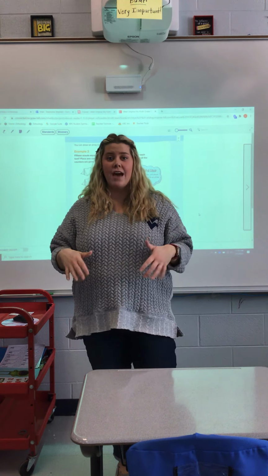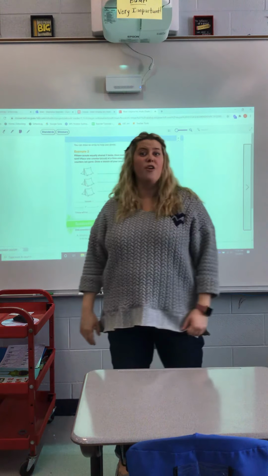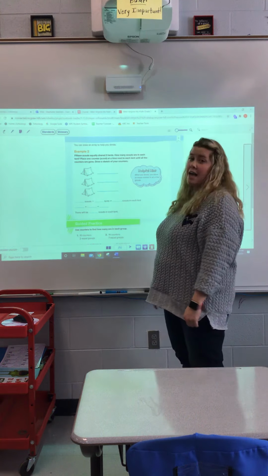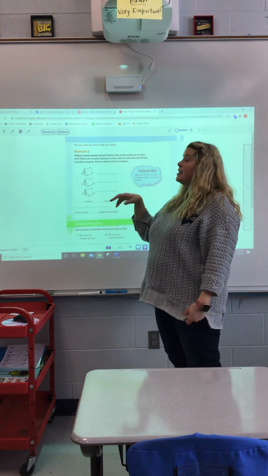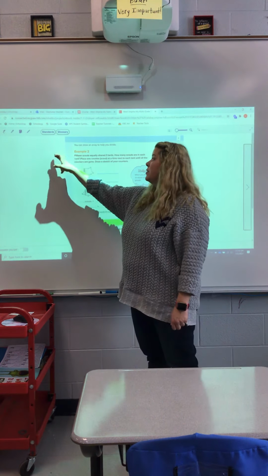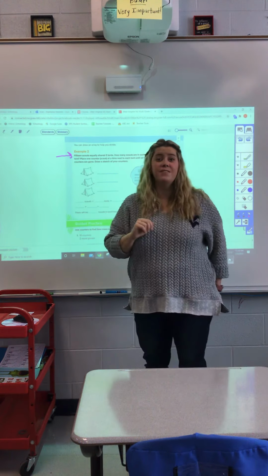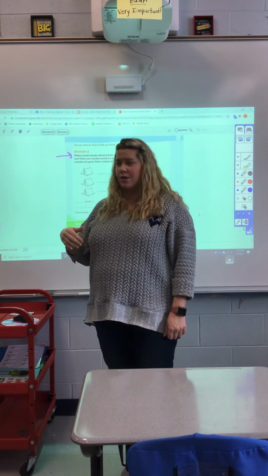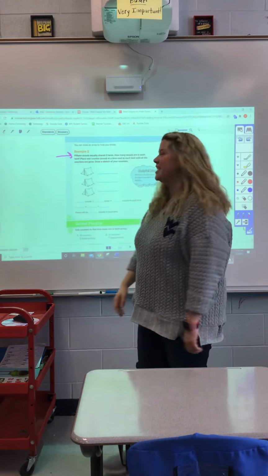If you don't have counters, no worries. We're going to draw it with our pencil. All right, so we're going to place one counter at a time next to each tent until all the counters are gone. So what number are we counting to? 15.